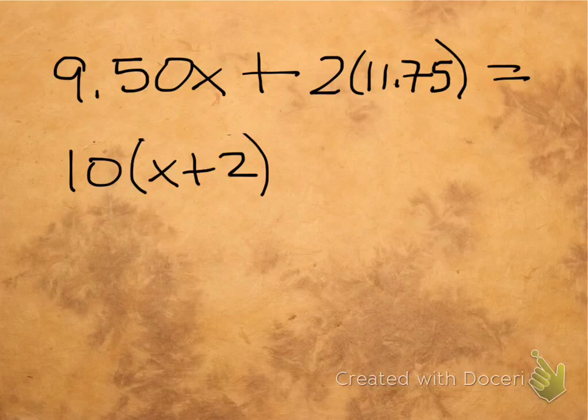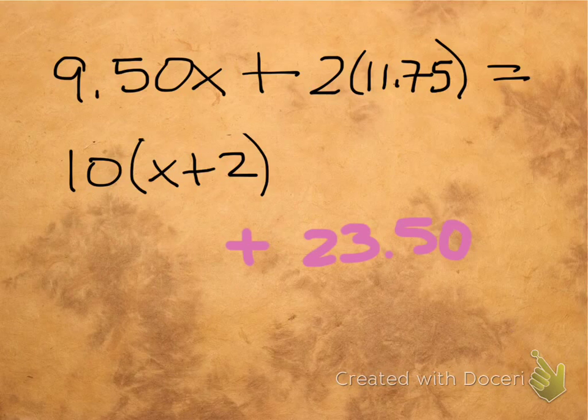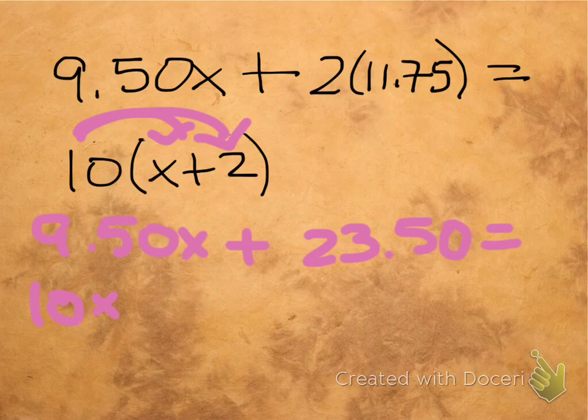I need to multiply 2 times $11.75, which is $23.50, plus $9.50x. I can't combine those because one has a variable and one does not. I can distribute the 10 to the x and the 10 to the 2 to get 10x plus 20.